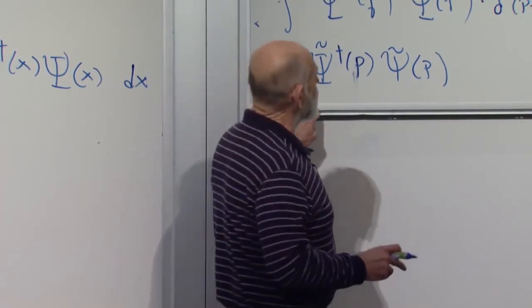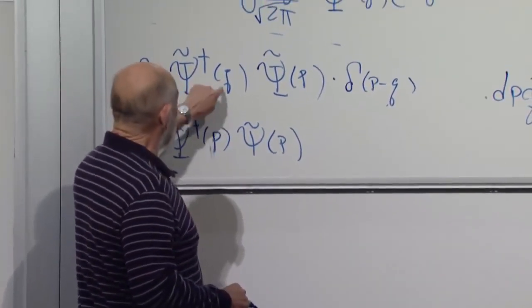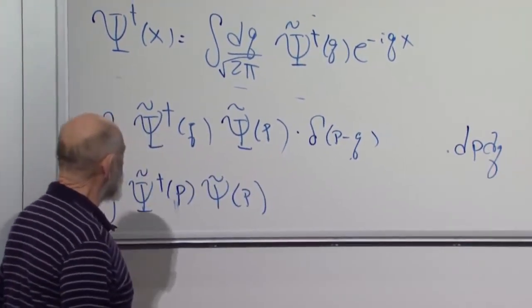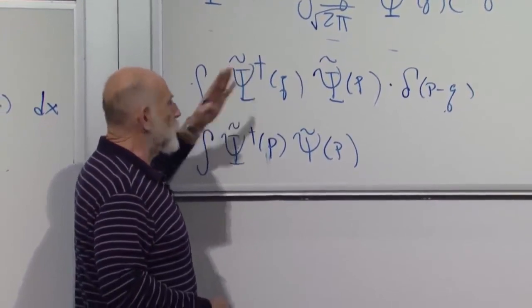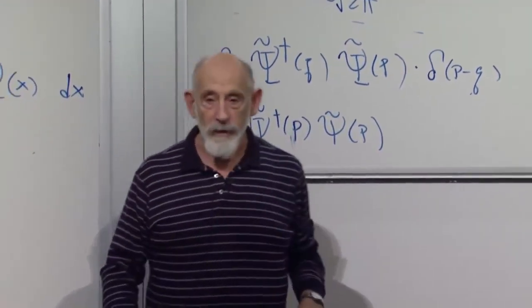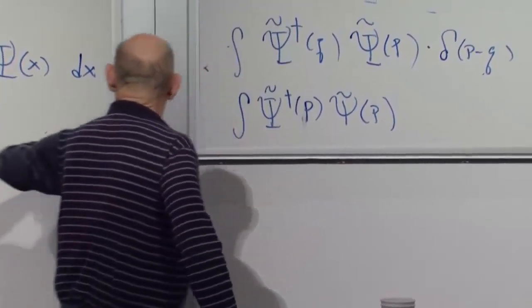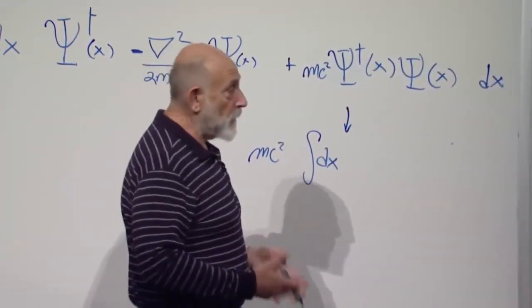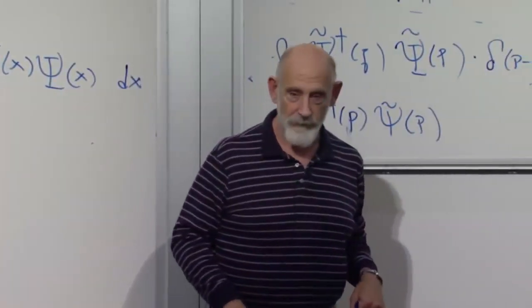Notice, here was the important thing, that by the time you finished, p had to equal q. That tells you that if you remove a particle, you put back a particle of the same momentum, and the momentum doesn't change when this operator operates on a state. It does not change the momentum. Whatever it takes out, it puts back.